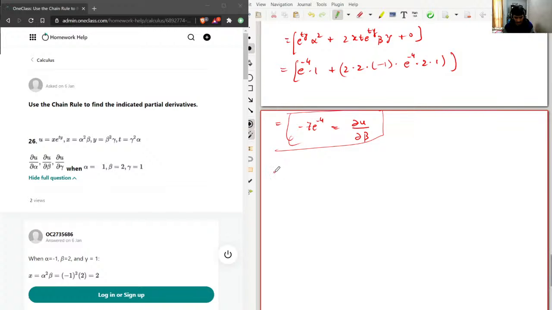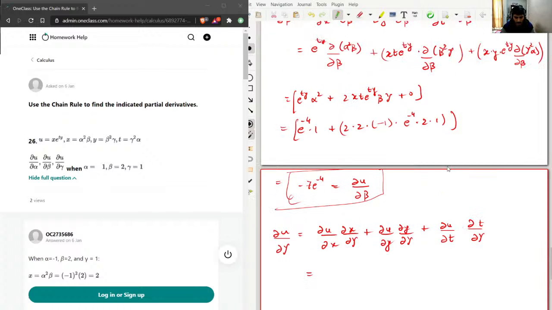This is again del u over del x times del x over del gamma, plus del u over del y times del y over del gamma, plus del u over del t times del t over del gamma. Again, I'll take the values of del u over del x, del u over del y, and del u over del t from the above equation.